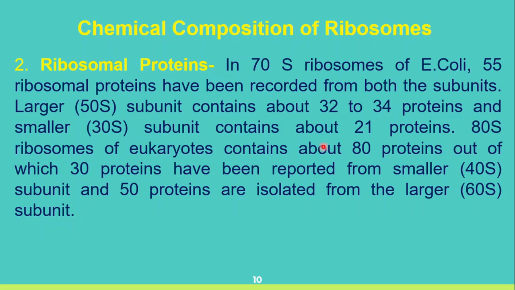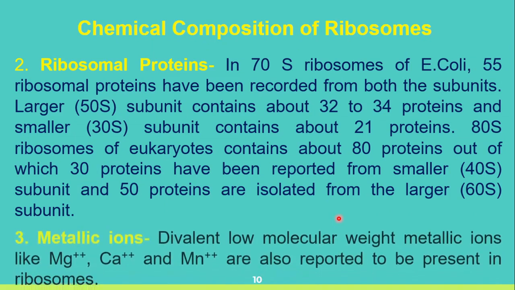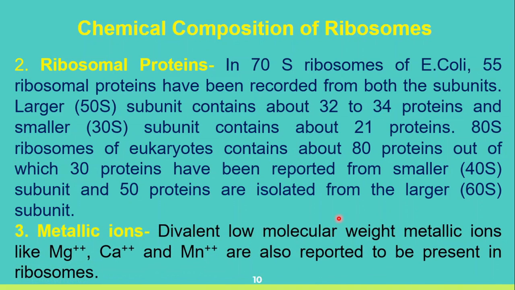Now we will see what about 80S ribosomes. The 80S ribosomes of eukaryotes contain about 80 proteins, out of which 30 proteins have been reported from the smaller, that is the 40S subunit, and 50 proteins are isolated from the larger, that is the 60S subunit. Now the last chemical component which is present in ribosome is metallic ions.